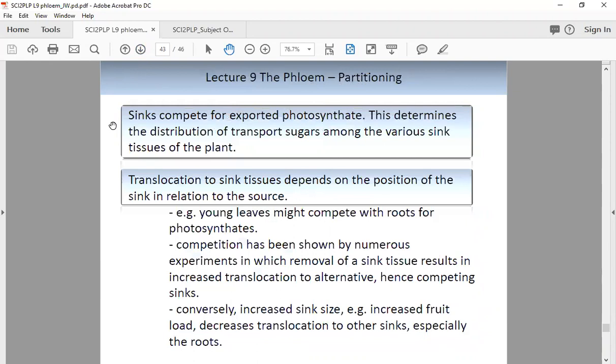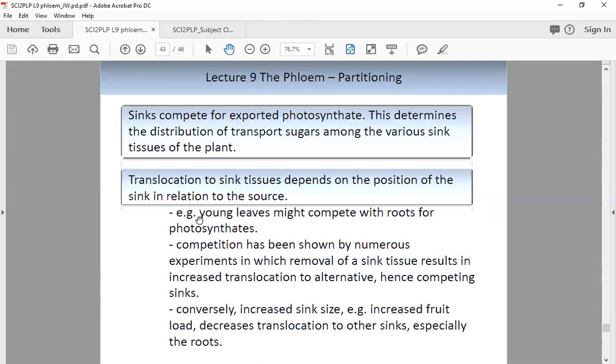And there's lots of different ways of testing what determines sink strength and how important different sources are to those various sinks. Translocation to sink tissues depends on the position of the sink in relation to the source. So that's what I was describing earlier with that labelling of the leaf with carbon-14 and then looking at where the products end up.